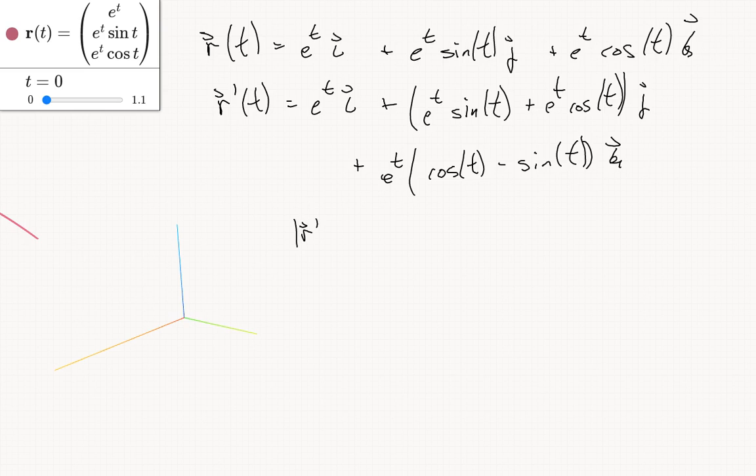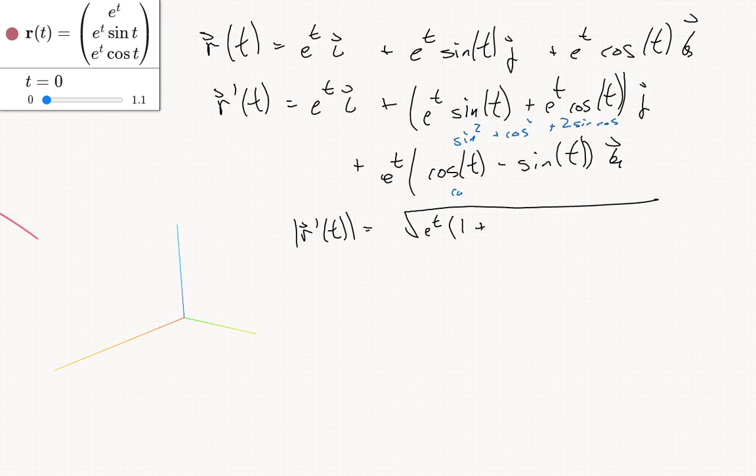Now to find the magnitude of this, we're going to be able to pull out an e to the t from everything. And so now we'll have 1 plus, so here we'll get sine squared plus cos squared plus 2 sine cos.